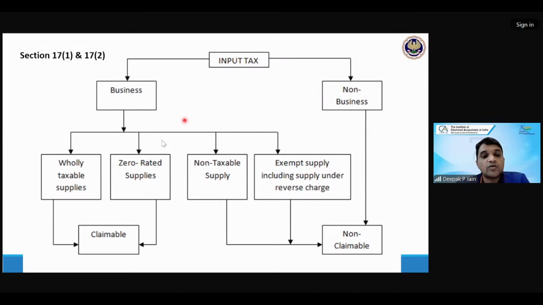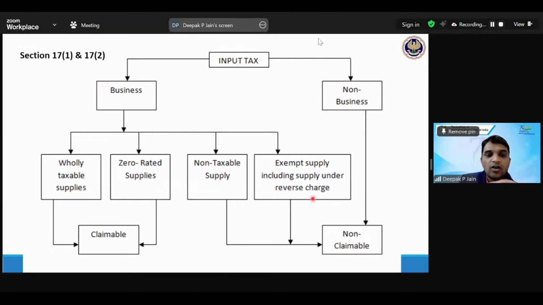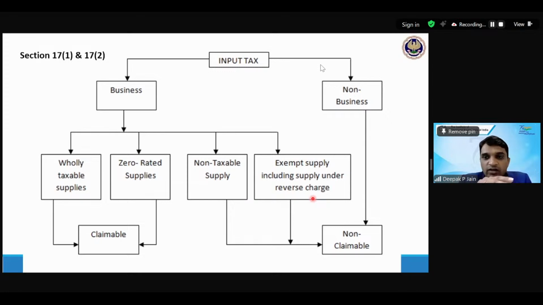Or if you are doing a business which is non-taxable supplies or exempt supply, then you cannot claim your input tax. So once you satisfy the conditions of Section 16, you have to check the provisions given under Section 17(1) and 17(2). If any input you are using for business which is non-taxable or exempt, that you cannot claim. And whatever you are using for non-business purposes is also not claimable.